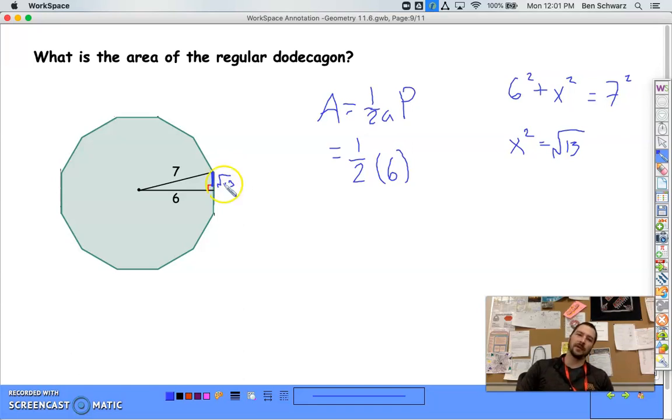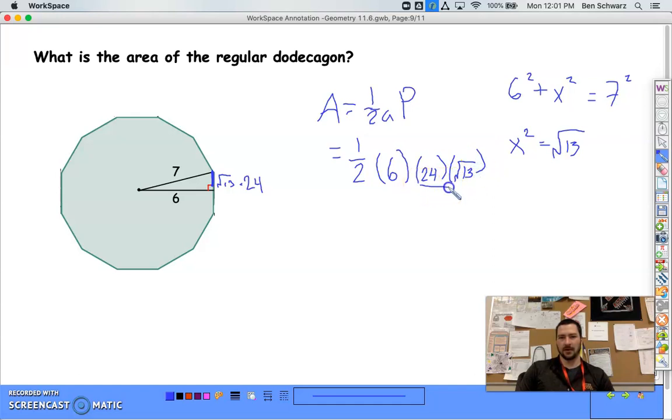To get the whole perimeter, well, we have 12 sides to the dodecagon. This is only half a side. So we're going to have to take this times 2, and then times 12. If it's times 2 times 12, it's going to be times 24 to get our perimeter. Actually, we could just plug all this in at one time. So we'll say 24 square root of 13.